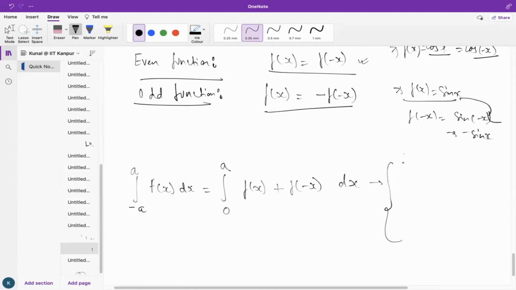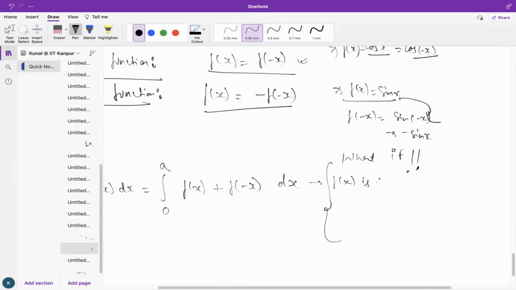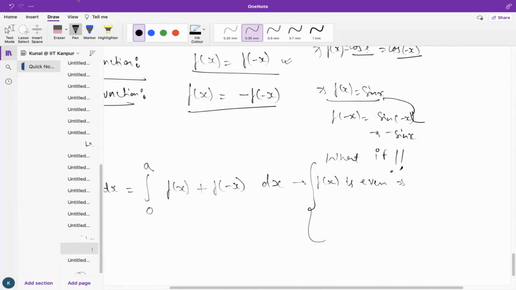Now here again it becomes two cases. What if our function is even? What if f(x) is even? What is an even function? f(x) is equal to f(-x), meaning both are equal, so our integrand looks like we are integrating from 0 to a, 2 times f(x) dx, because both are equal.